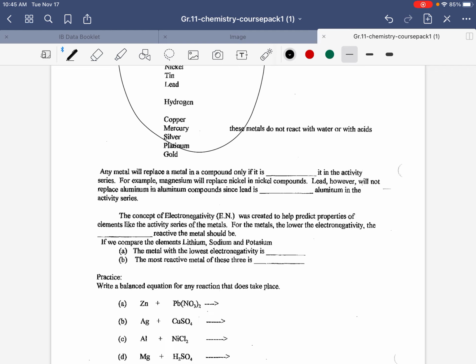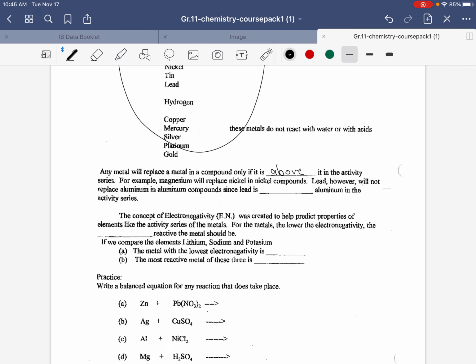Any metal will replace a metal in a compound only if it is above in the activity series. For example, magnesium will replace nickel in a nickel compound, right? Because magnesium is higher in the activity series than nickel.